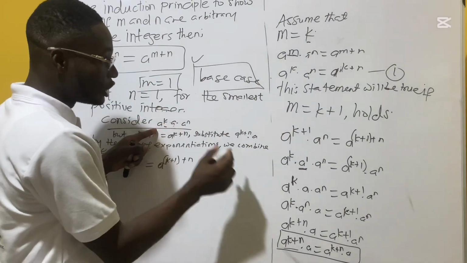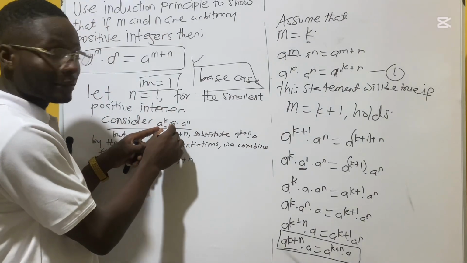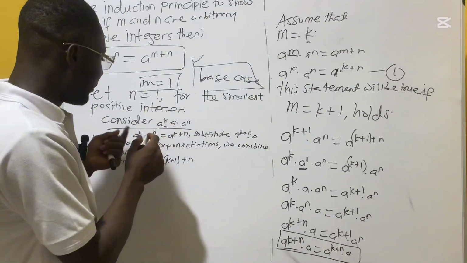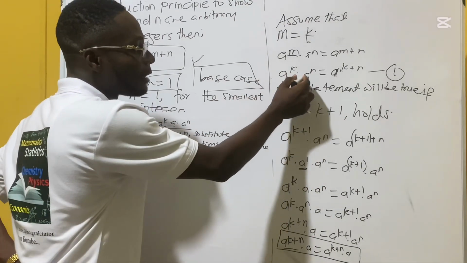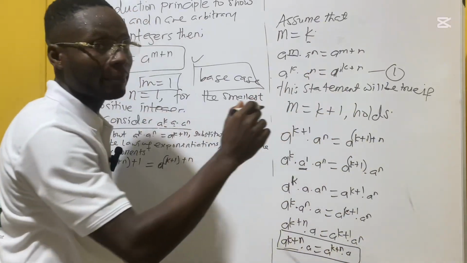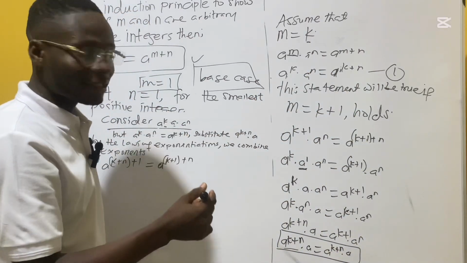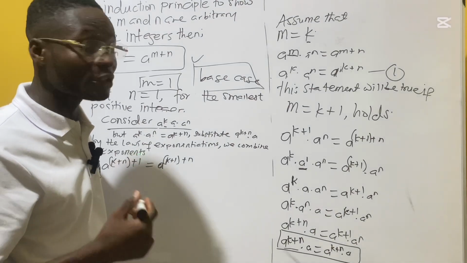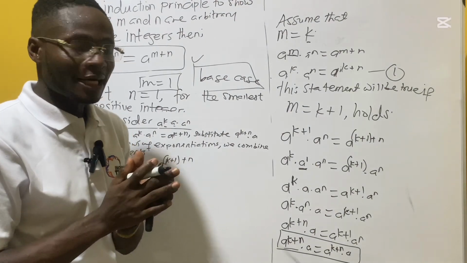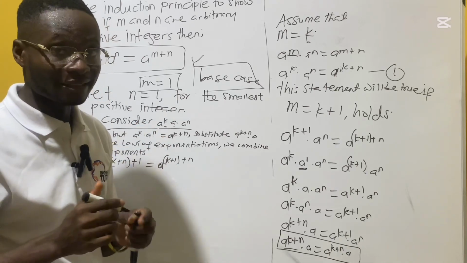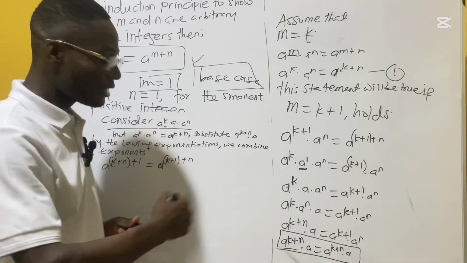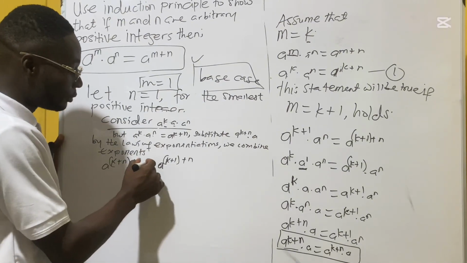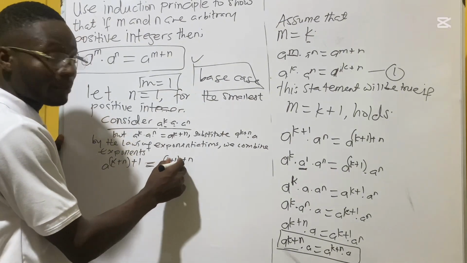When we are considering a^k times a^n times a, we know that a^k times a^n is equal to a^(k+n). By the laws of exponents, we can combine the exponents when the bases are the same. So we're going to have a^(k+n+1), which should be equal to a^(k+1+n).